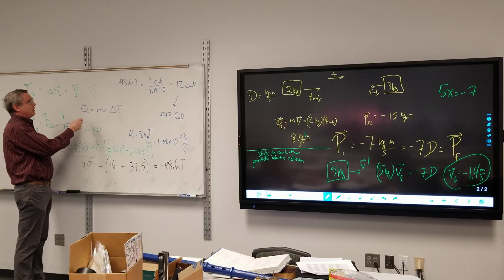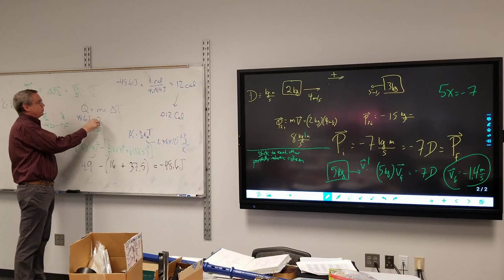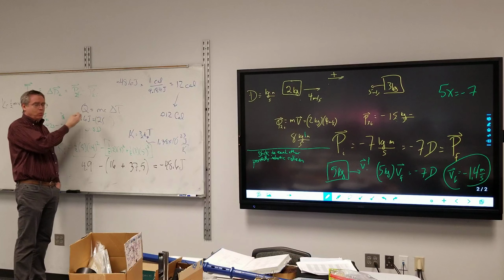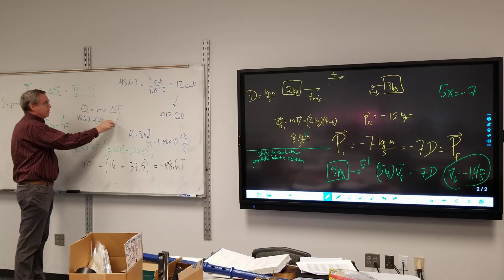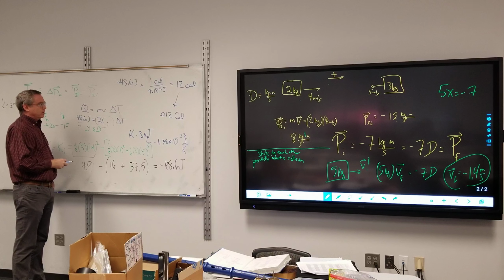So if we stuck in the 48.6 joules is equal to 2 times, and then it comes down to what the material is, times delta T. So divide by 2 and divide by whatever the specific heat is here, which will be some single digit number, I believe.